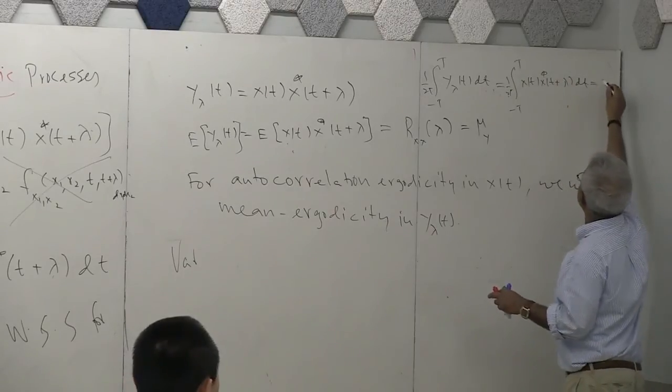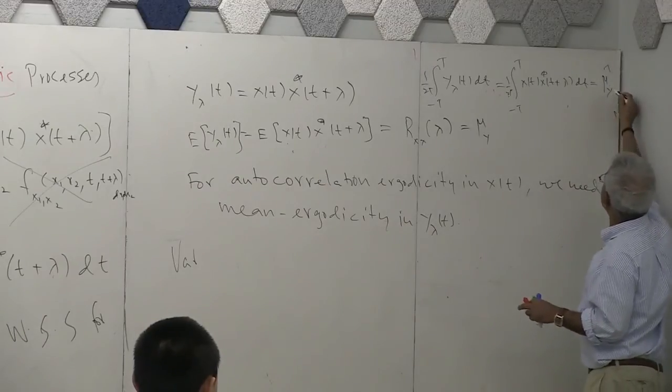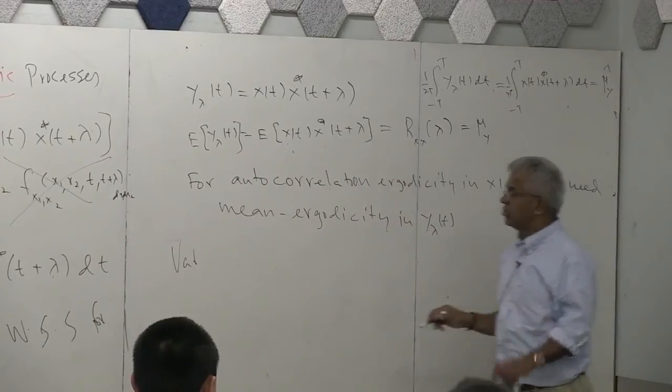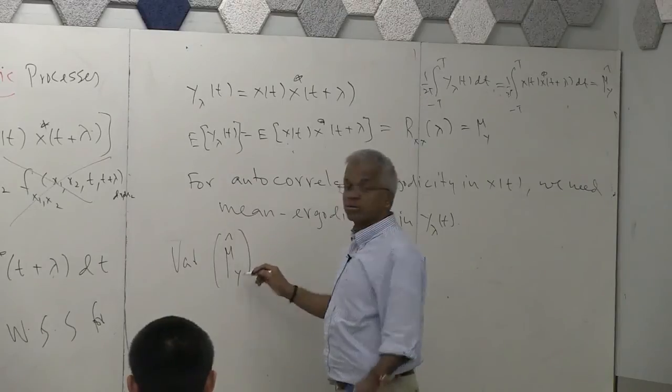So this expression, mu y hat, the variance of mu y hat should go to 0, right?